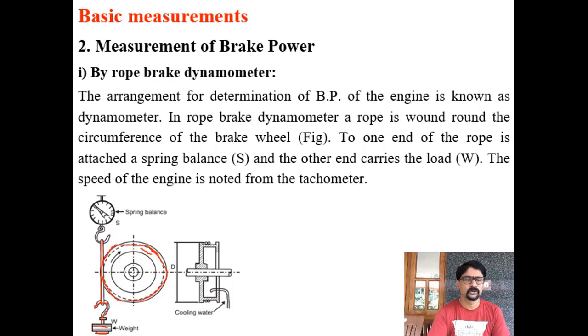So in a rope brake dynamometer, the rope is wound around the circumference of the brake wheel, one end of which is connected to the spring, and the other end carries some load W. The speed of the engine is noted using the tachometer, which is very essential because the spring balance reading, the load as well as the speed is required to measure the brake power of the engine.